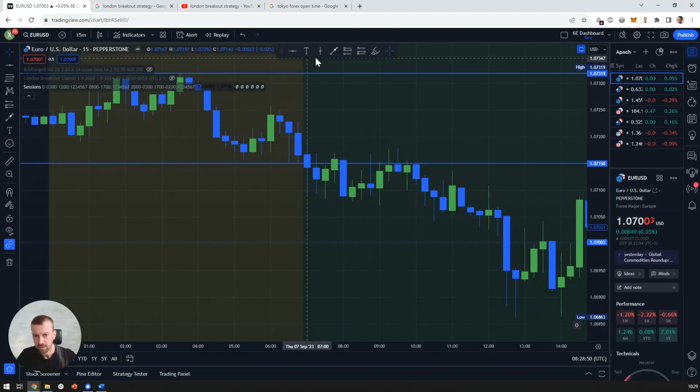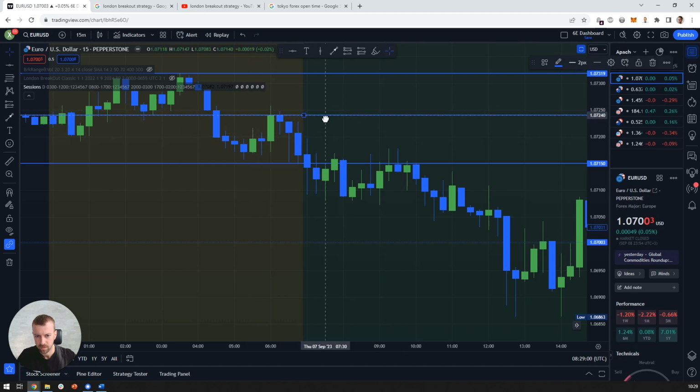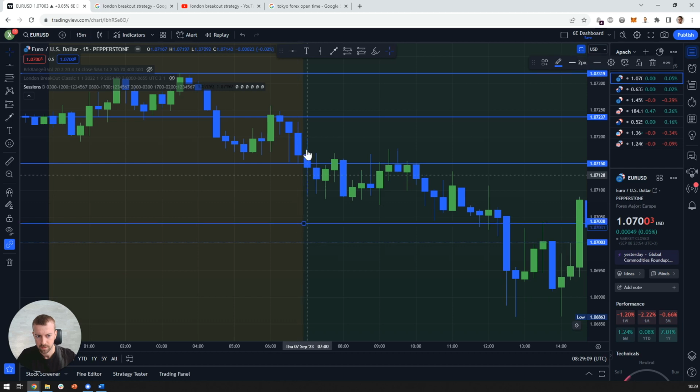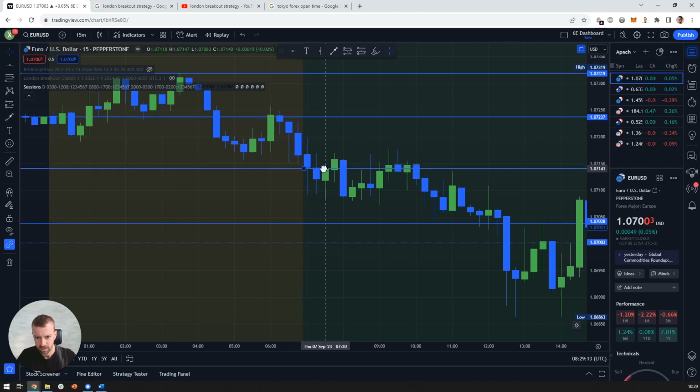Let me show you again. So our stop loss would be somewhere right here in the middle of the Tokyo session, and then our take profit would be somewhere like here. So that's just the same distance from our entry point.